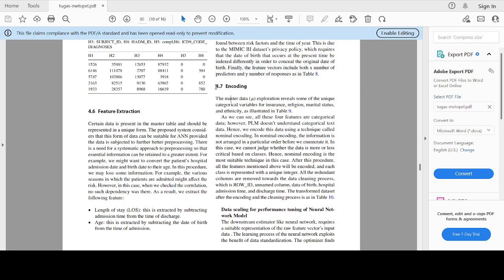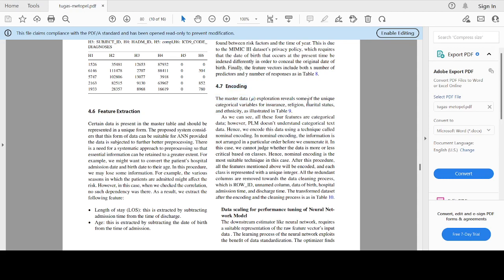Okay, coding the master data exploration. The unified output table called master data exploration refers to some of the unique categorical variables for insurance, religion, marital status, and ethnicity, illustrated in table 9.